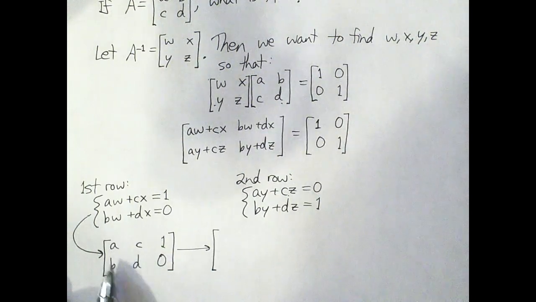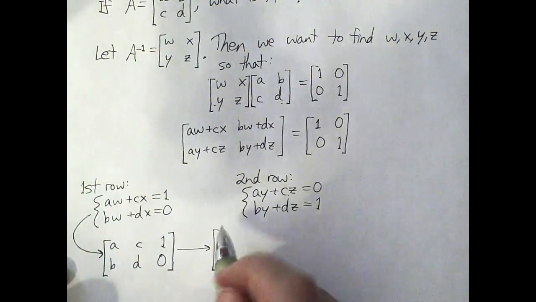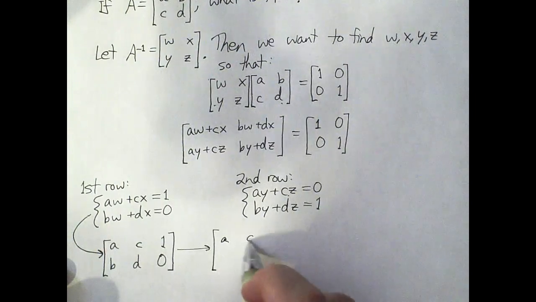So how do we get this B entry to be a 0? What I'm going to do is multiply row 2 by a constant. First of all, let's copy row 1.